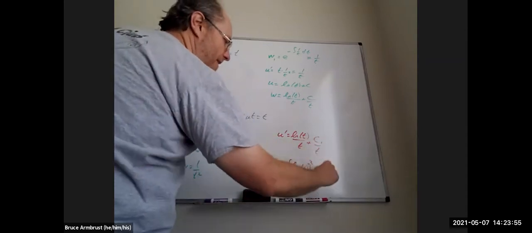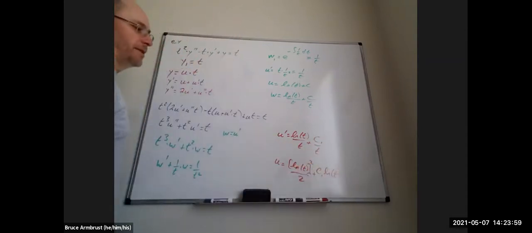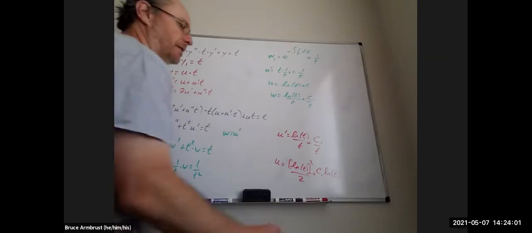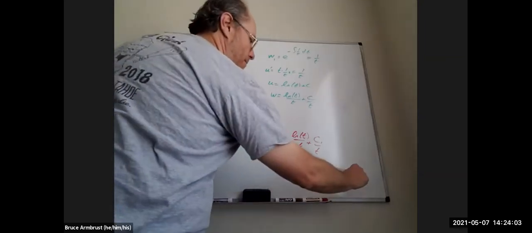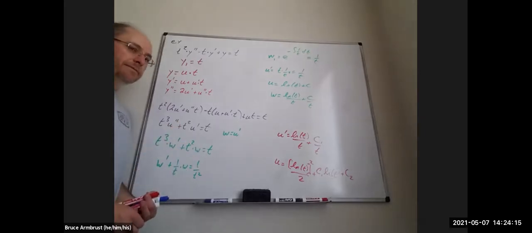I'm going to call this guy C1 just because we're going to need another C here. C1 times natural log of t plus C2. All right, so there's u.